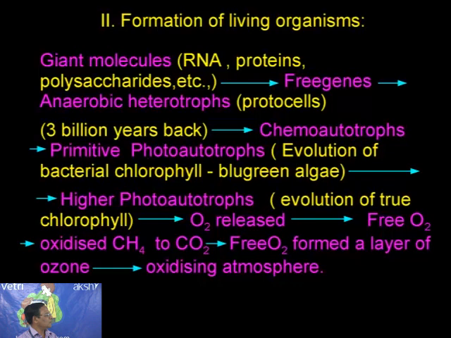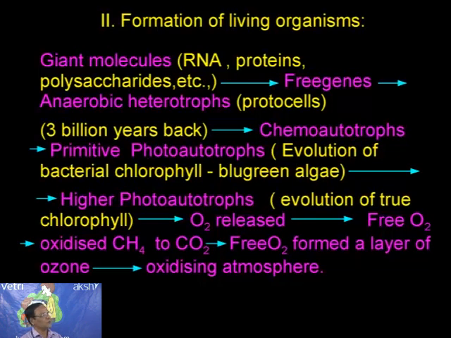And the anaerobic heterotrophs soon transformed into chemoautotrophs. They obtained energy by the oxidation of inorganic chemicals. And later on, bacterial chlorophyll was formed from the porphyrin compounds in the marine water. We have iron porphyrin as well as magnesium porphyrin compounds.